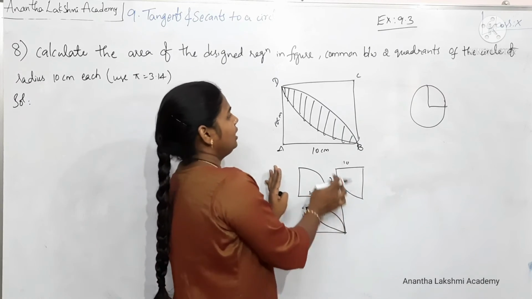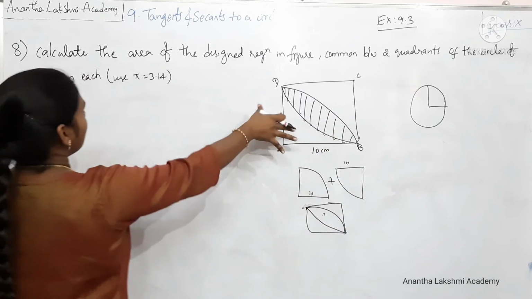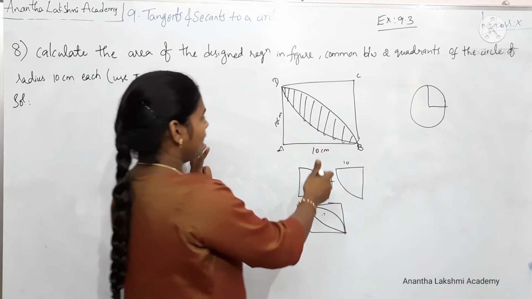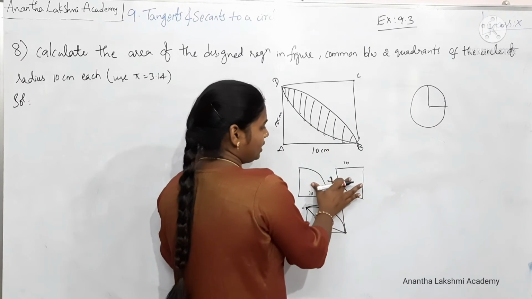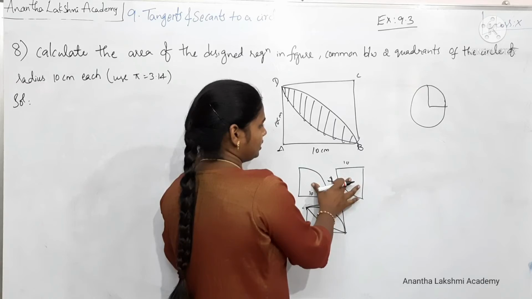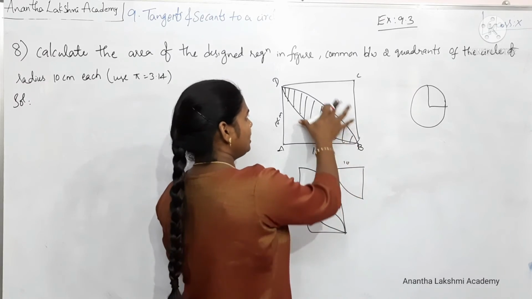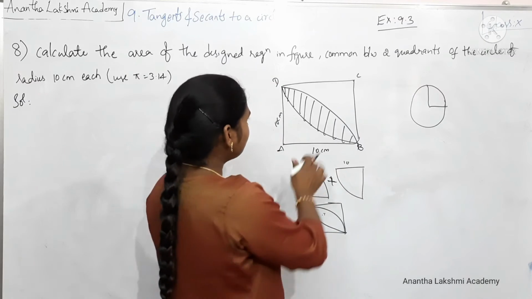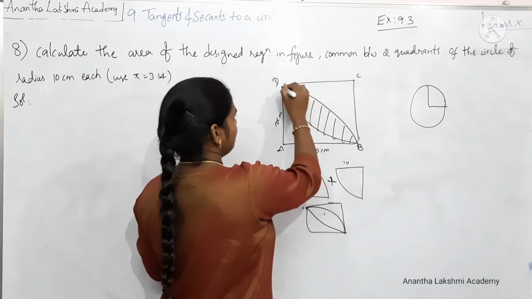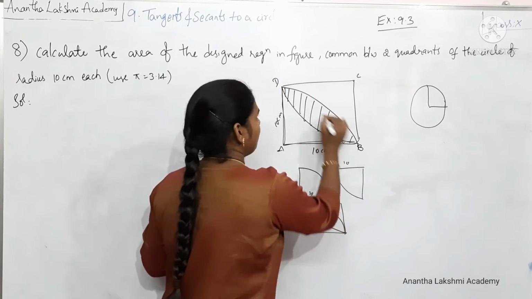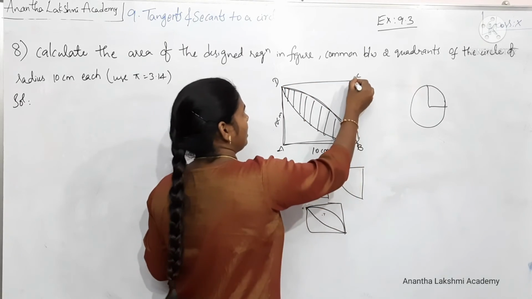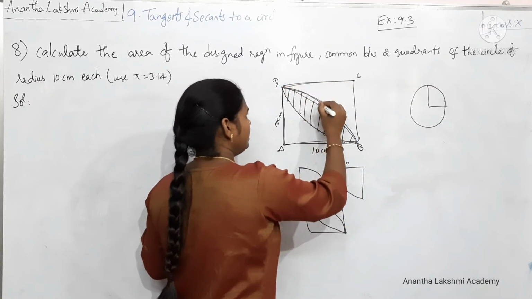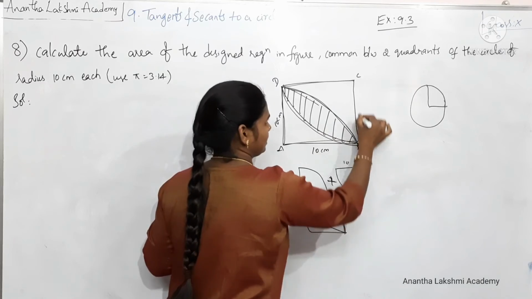Now, in order to figure out this area, we do the sum of these two areas minus the area of the square. The sum of these two areas is the ABD sector and the BCD sector.